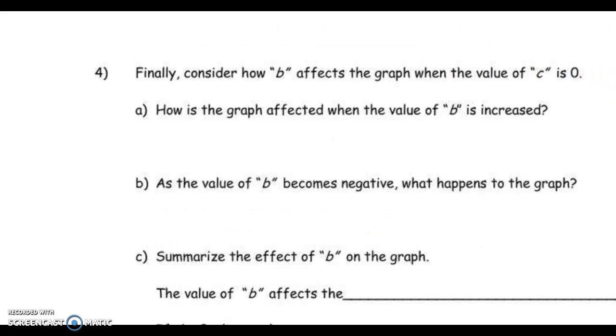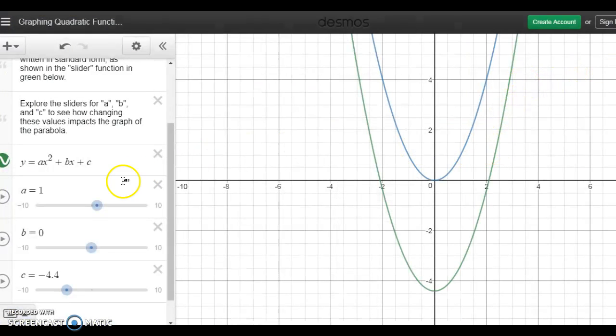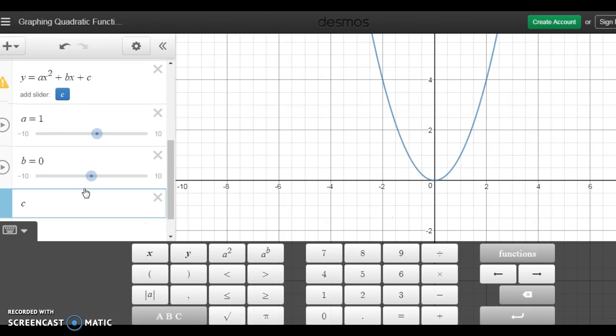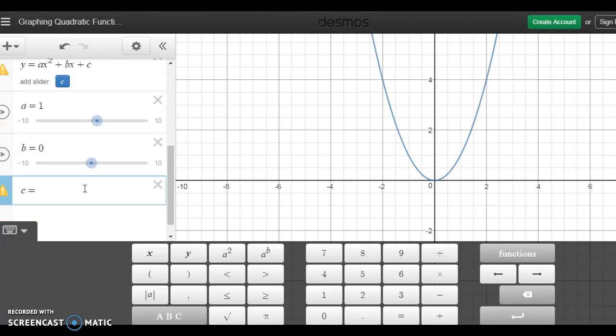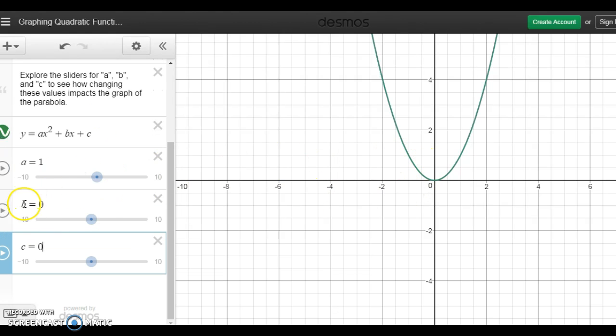And this is not super important, but let's look to see what b does. So let me get c back to its normal spot. And we'll just call c equals 0 now. There's my slider. Now watch what b does. Look what happens to b.